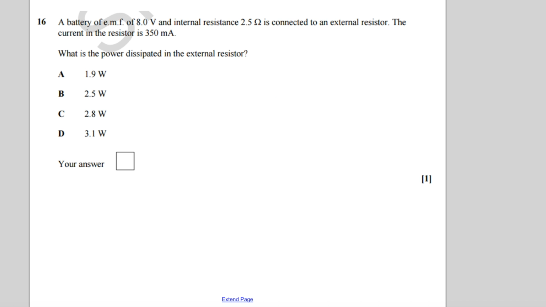Question 16 is another electricity question. It's about a battery, and it's got an EMF of this and an internal resistance of 2.5 ohms. So let's first sketch out what we've got here. Here's our battery, and this is the internal resistance.